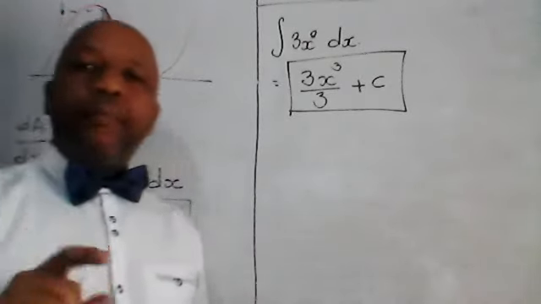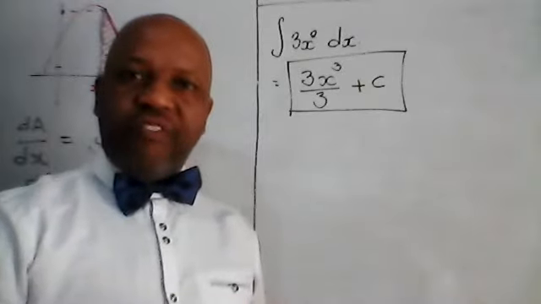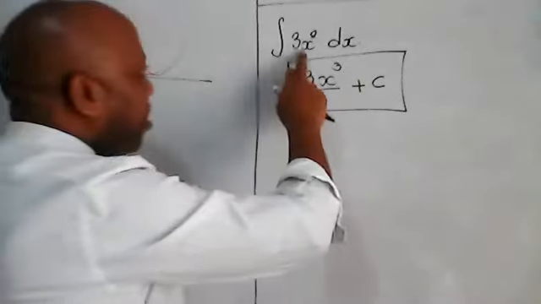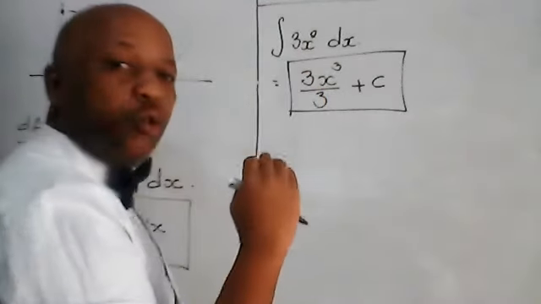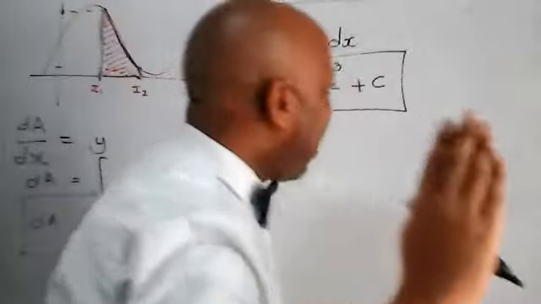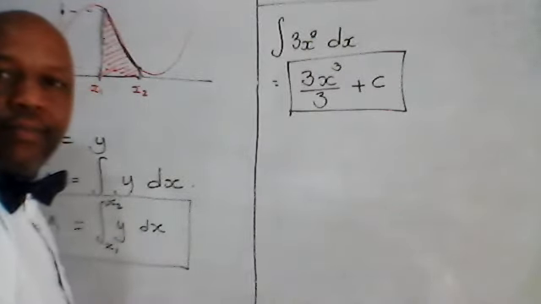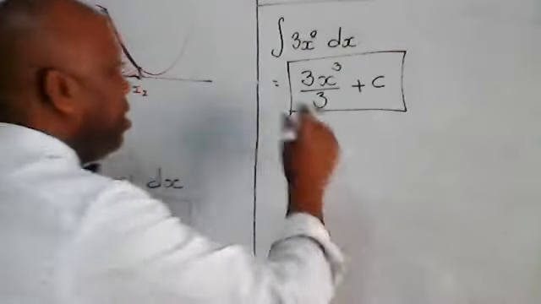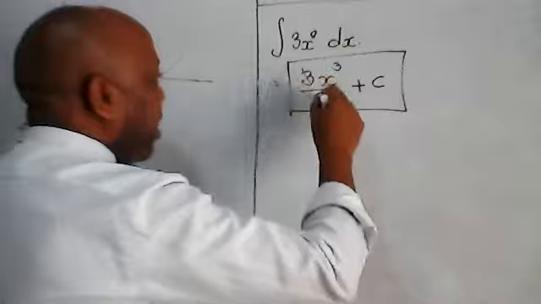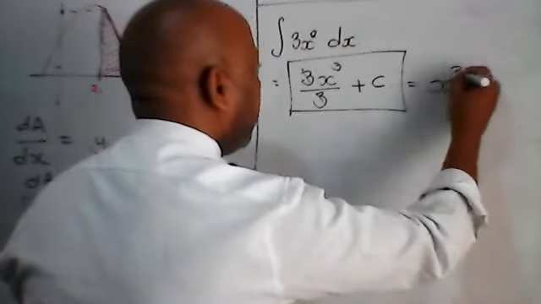Okay, suppose we were given boundaries now. Find the area under the curve 3x squared between x equals 1 and x equals 3, for argument's sake. Okay, so we found, we can simplify that to be x cubed plus c.